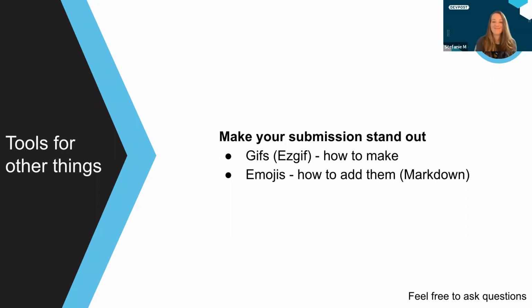Also emojis just add a little more emotion and personality to your submission. Not an endorsement, but a tool we like. It's just easy. Easy to use, easy GIF. Emojis can throw errors if you just copy and paste a real emoji. So making sure you have a URL to an emoji or image and adding it as an image using Markdown is the way to go.